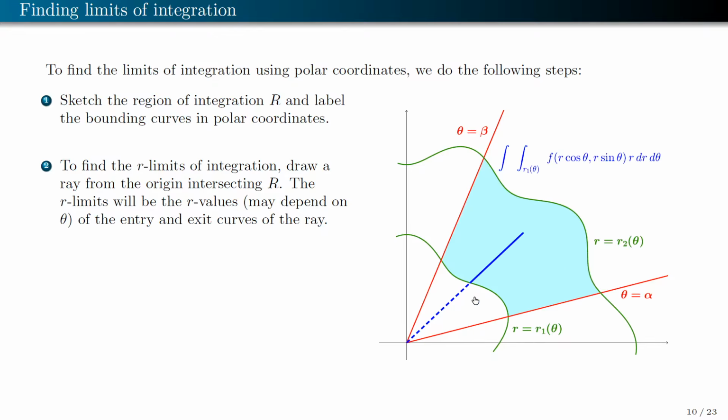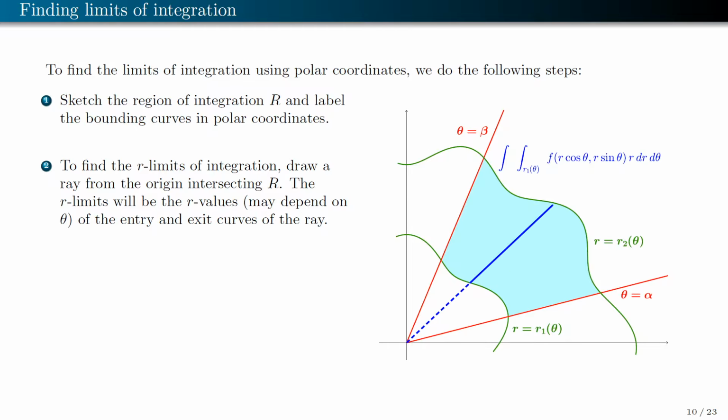So, try to sketch strips coming from the origin papunta dun sa region natin. Tapos, ang unang matatamaan na curve, yun yung lower bound natin for r. So, in this illustration, yung r1 of theta, yung unang matatamaan na curve. So, yun yung lower bound. Tapos, yung huling matatamaan before exiting the region, yun yung upper bound natin for r. Ayan, so that's how we determine the bounds for r.